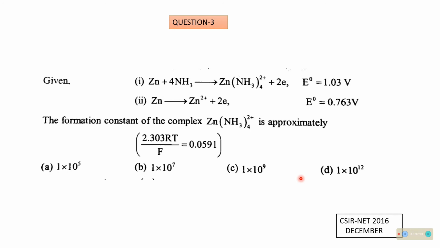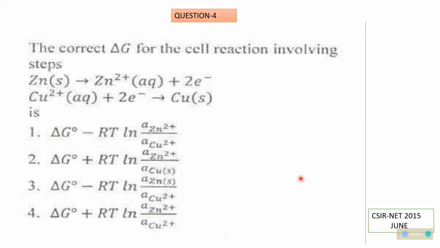Let's move to another question. Question 4, I picked up this question from CSIR NET June 2015. It asks for the correct delG for the cell reaction involving these steps.